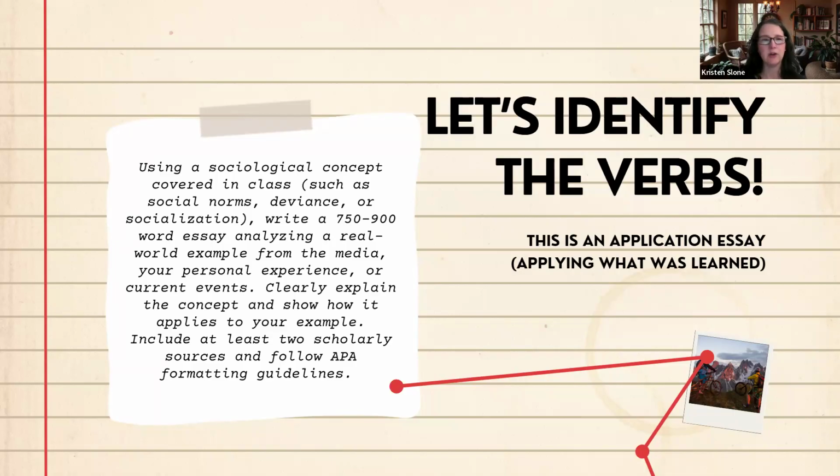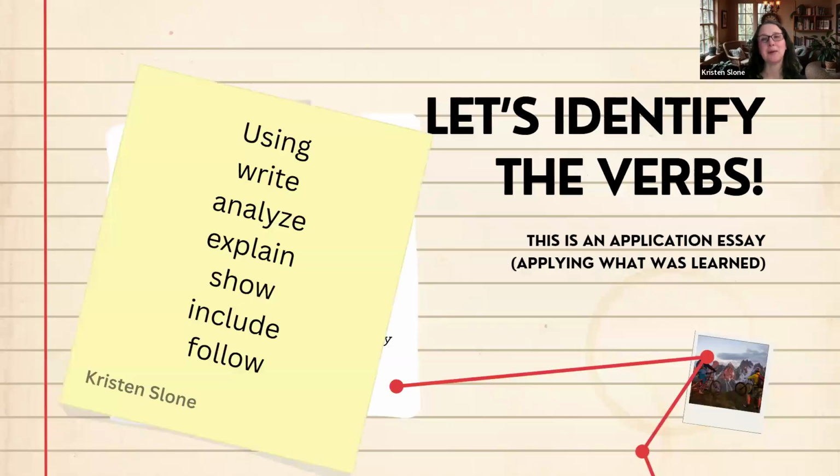Let's identify the verbs here. Remember, verbs are those action words. I've got using, write, analyze, explain, show, include, and follow. I put them on a handy dandy post-it note to emphasize that those are our verbs in this prompt.